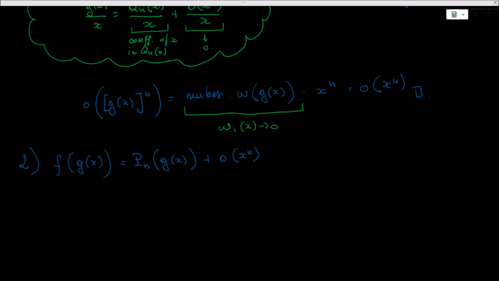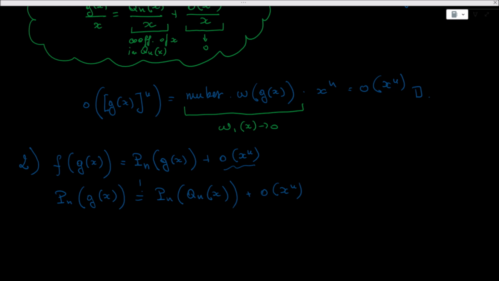Okay, so the second thing we want to prove is that Pn of g of x is equal to Pn of Qn of x plus, we could also assume that there will be some little o of x to the n that then will be encapsulated in the already present little o of x to the n. So this is our purpose.